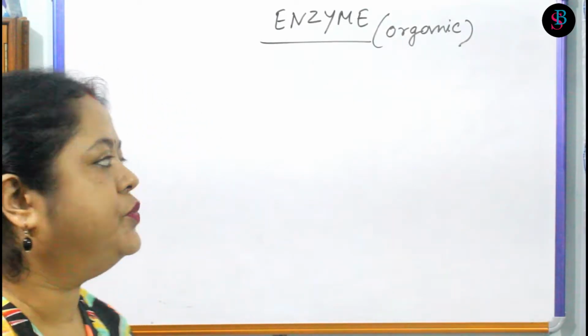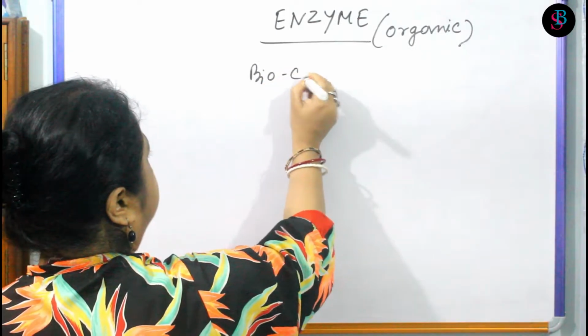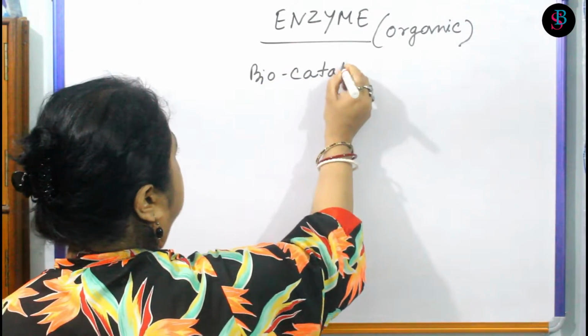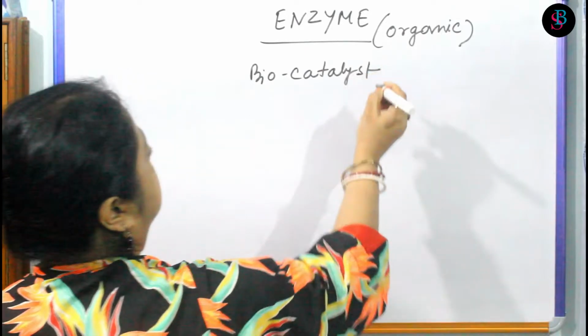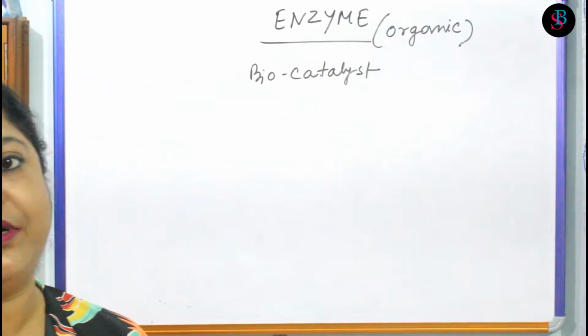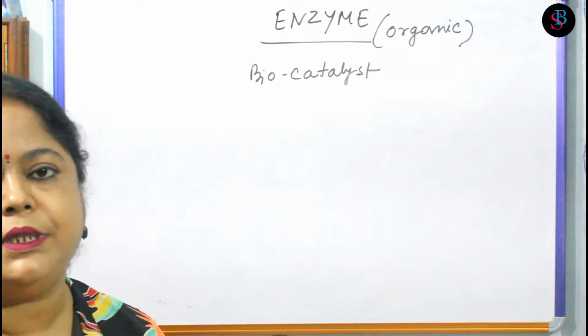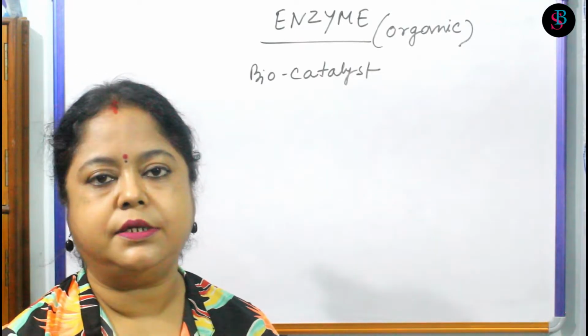So in short, enzyme is also known as biocatalyst. It's a catalyst, but it's present in the biological world and it's made up of organic things. So biocatalyst is another name of the enzyme, and it has the similarity with the inorganic catalyst.